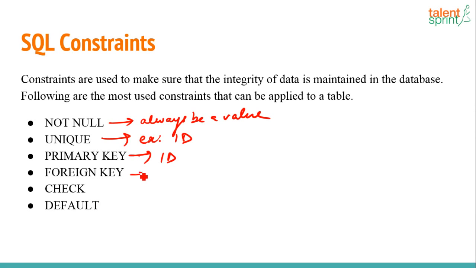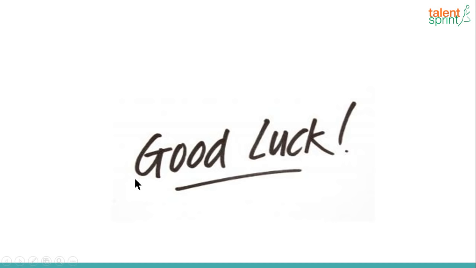Then we have similarly foreign key. Then if there is some explicit check you want to apply on a database column, you can use check. If you want to give some default value to a particular column, you can use default. All these are the commands that are used to limit or constrain the data that you put in your database. All right.